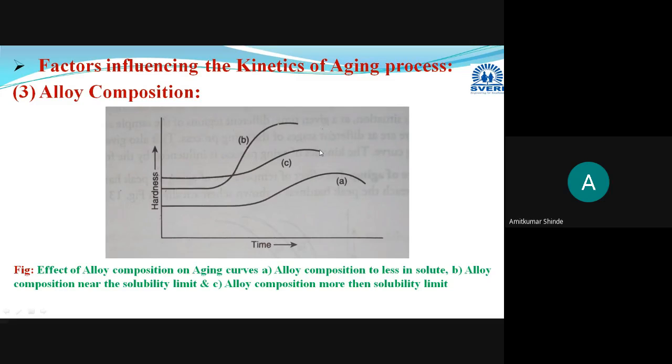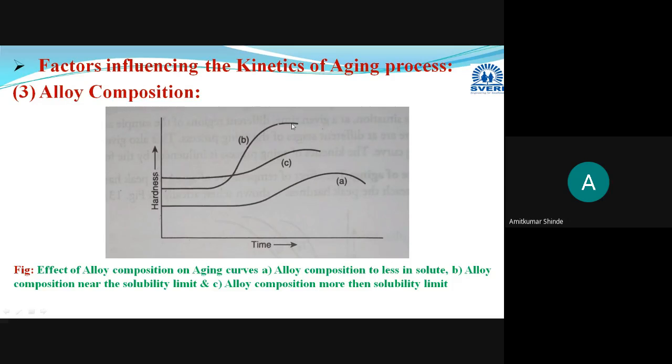Okay, in short, whenever the alloying element percentage is less than the solubility limit or much higher than the solubility limit, it will show you lesser hardness with more aging time. And whenever the alloying element percentage in that particular alloy is very near to the solubility limit, the peak hardness value will be more, and it will require very little time for aging.